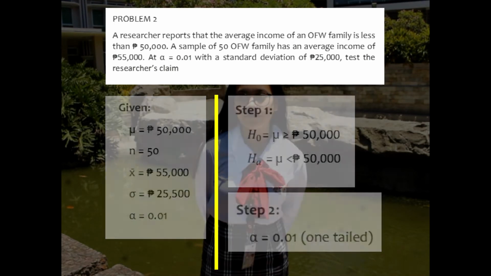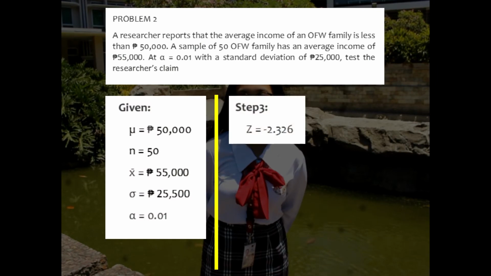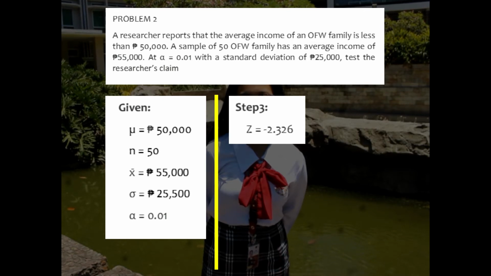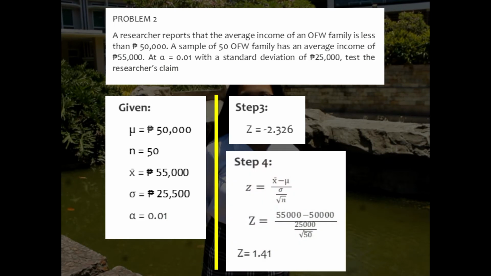It is one-tailed. Step 3. The Z value. Using the table, find the appropriate Z value. Z is equal to negative 2.326.